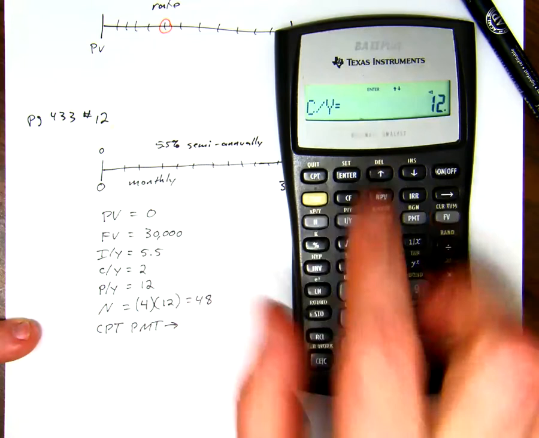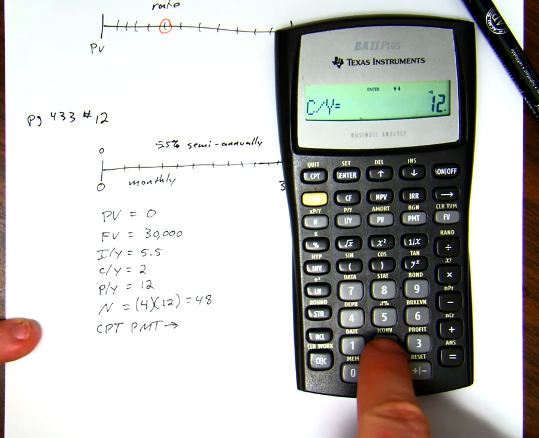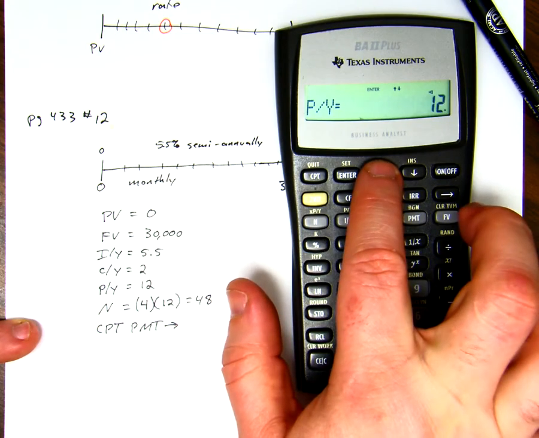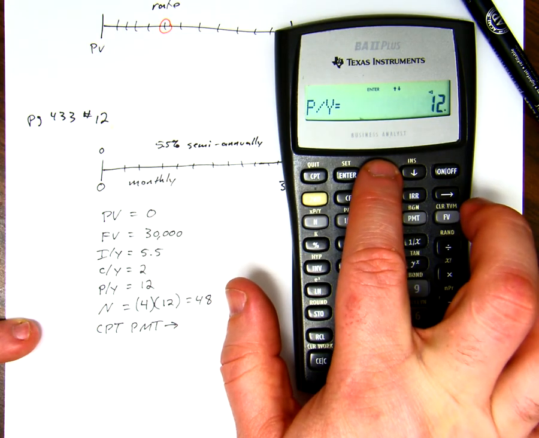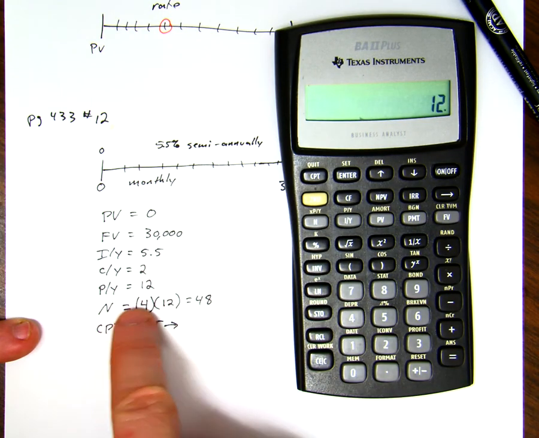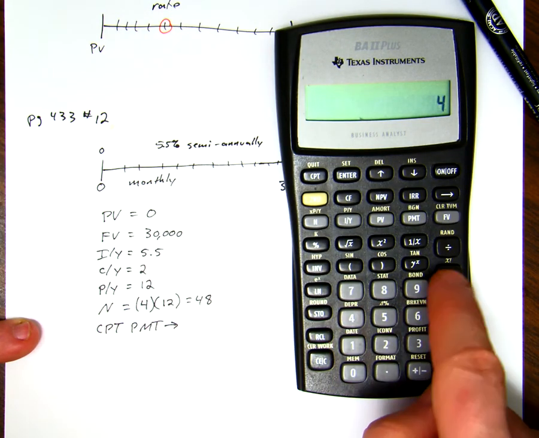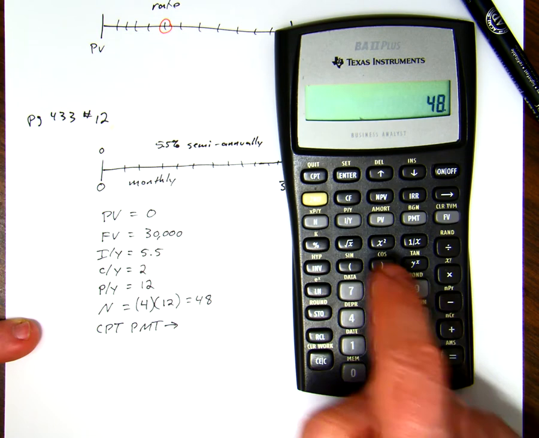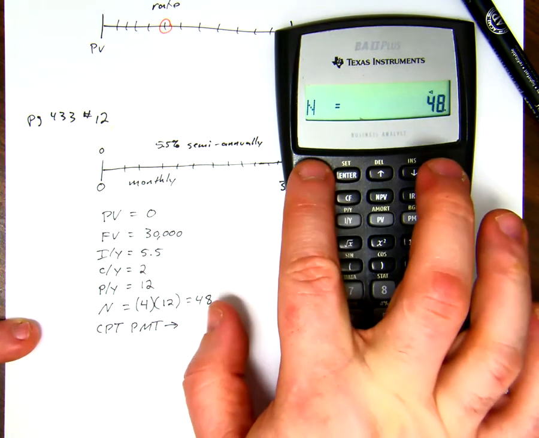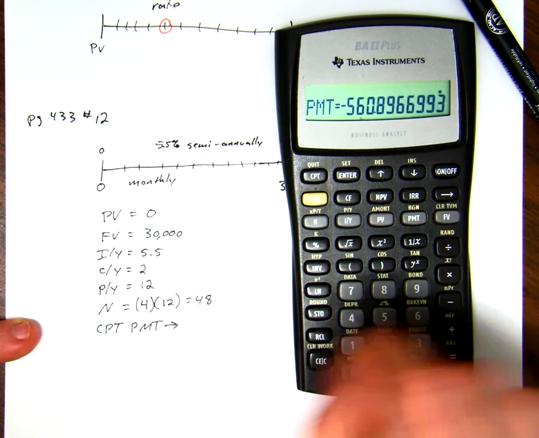That automatically changes our compoundings per year, so we need to set that to be 2. I like to go between payments and compounding to make sure that it's right. We now have an N of 4 times 12, which is 48. That goes into our N.